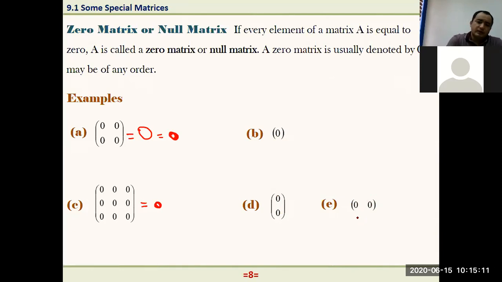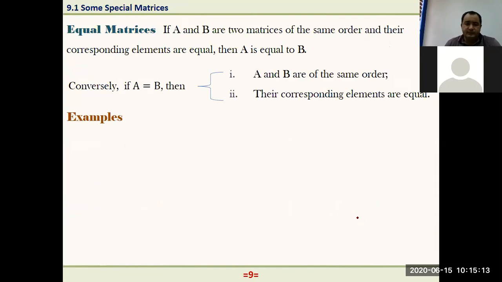Okay. All right. The last thing, equal matrices. Two matrices are equal simply if they are exactly the same. Exactly the same means their dimensions are the same, and all their corresponding entries are equal. Then we say that two matrices are equal. Okay.